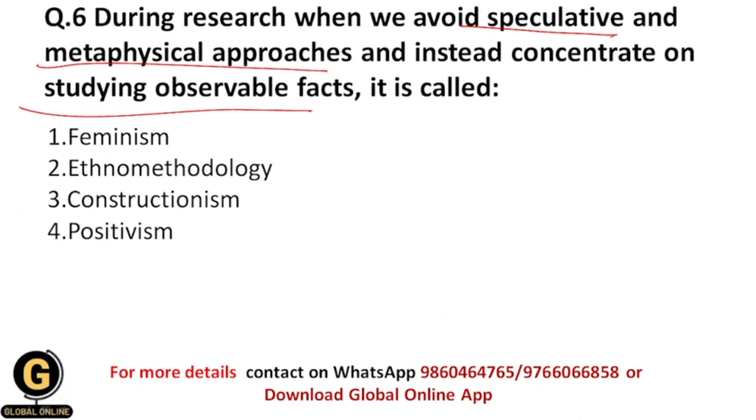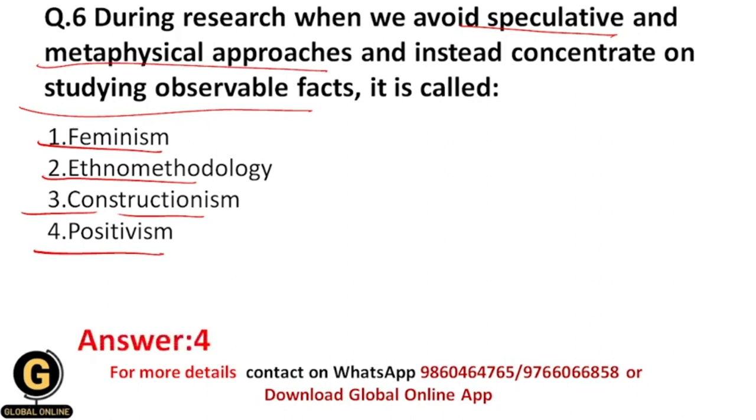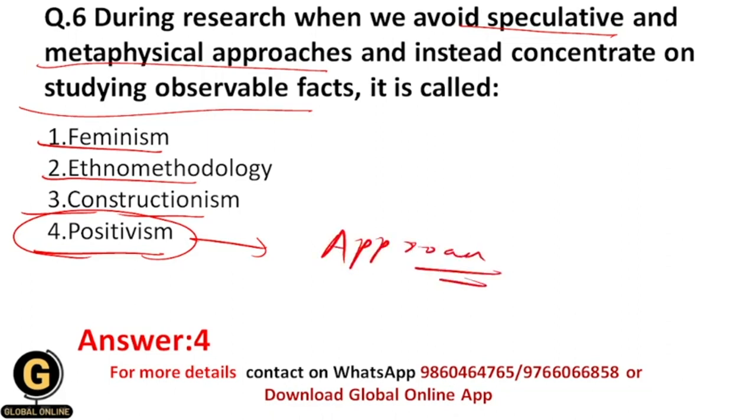Whether it is called feminism, ethnomethodology, constructionism, or positivism. So students, the correct answer for this question is 4, positivism, because during research positivism is one of the approaches towards research.